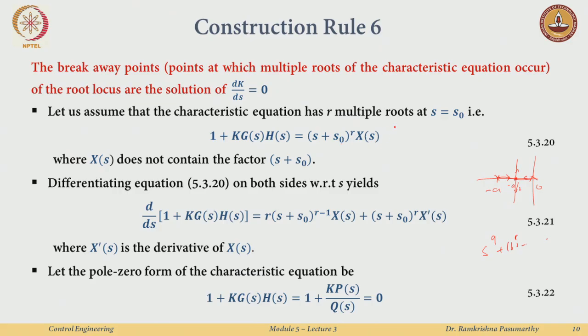Now I differentiate this: on the left hand side I have d over ds of this, and on the right hand side I differentiate again with respect to s. Differentiating the first factor, I will have r minus 1, then again the same factor here, and x prime of s, where x prime of s is the derivative of x of s with respect to s. Let us leave this here for a while and come back to it.